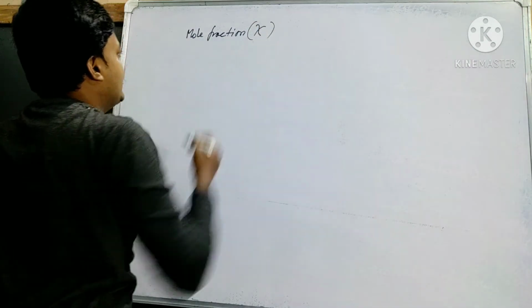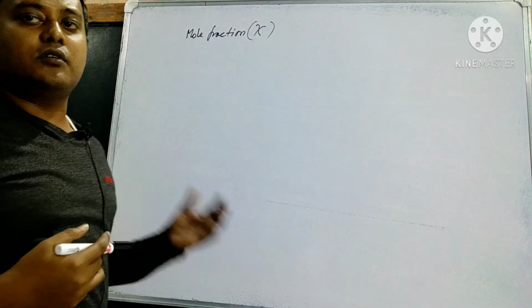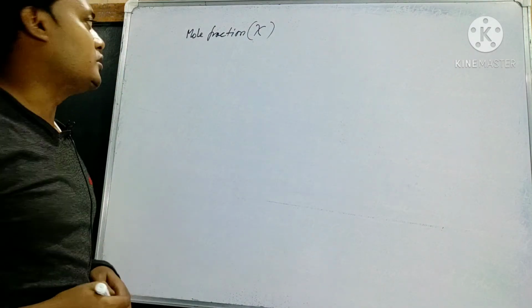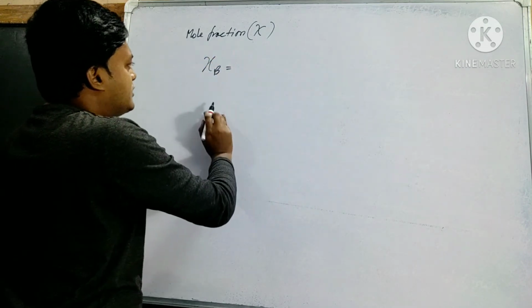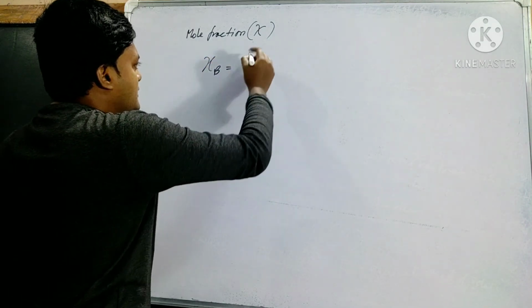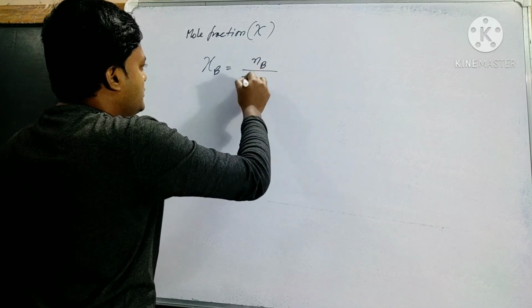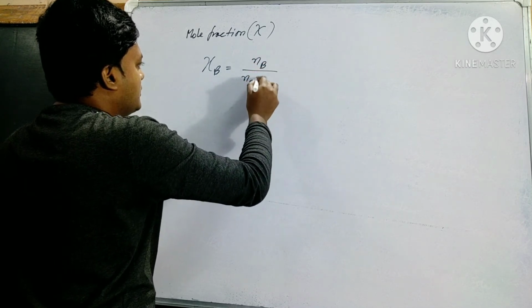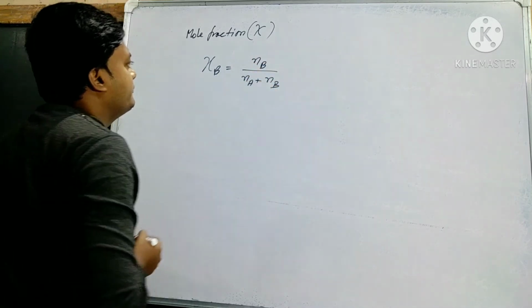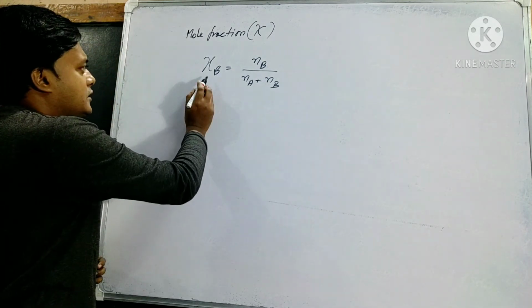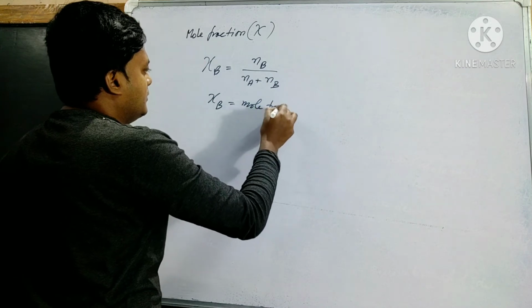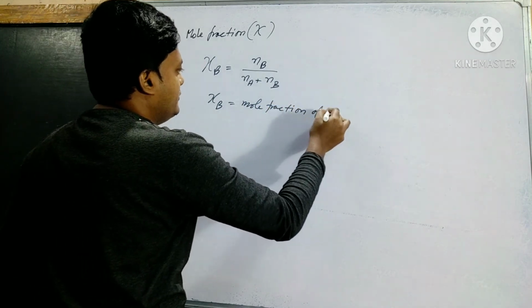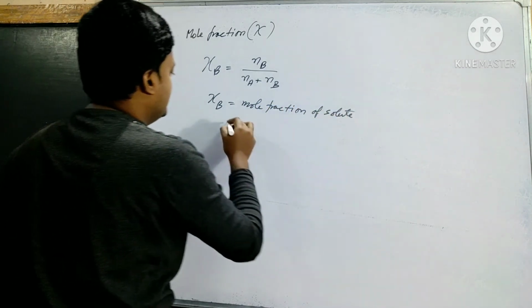Mole fraction, I represent it by Xi. That one is also a temperature independent concentration term. Now Xi B is the mole fraction of solute. Mole of solute by total mole is the mole fraction of solute.